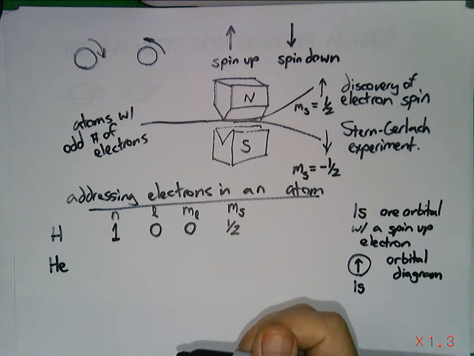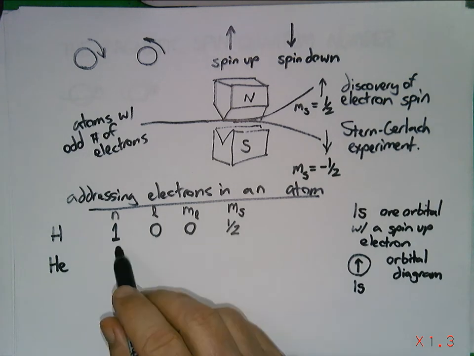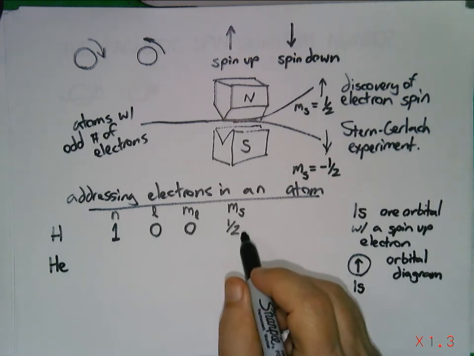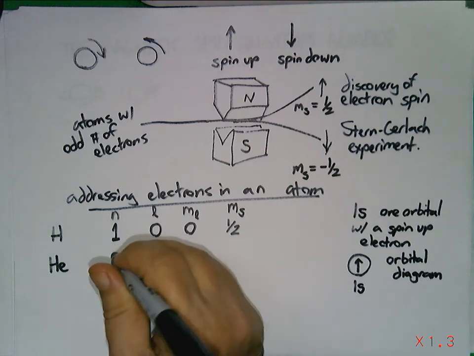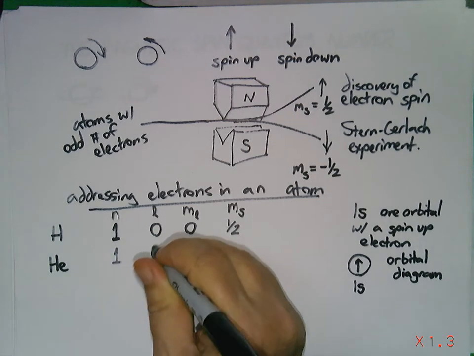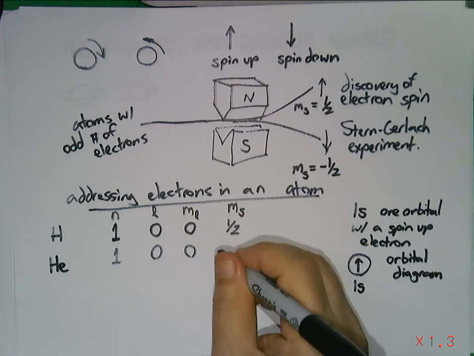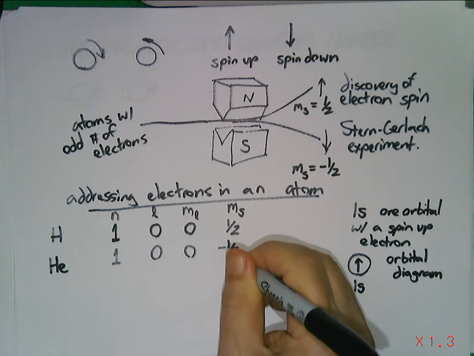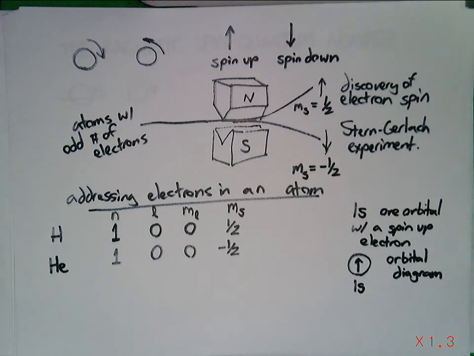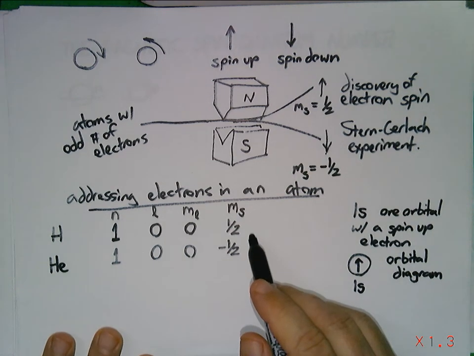What's the address of the second electron? Well, I can fit another electron in there. If I have these 3 the same, it is possible for me to have another electron in there. Now, every electron has got to have a unique address.